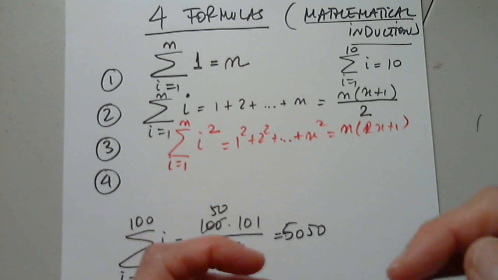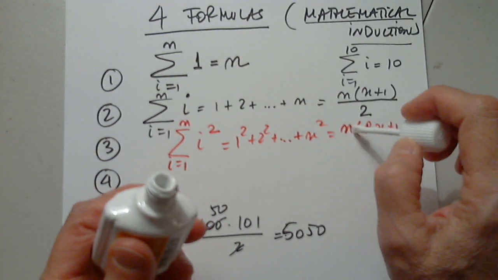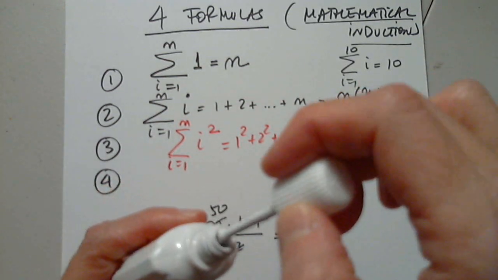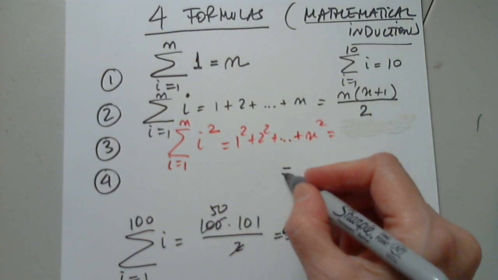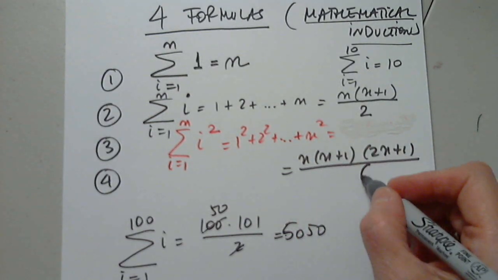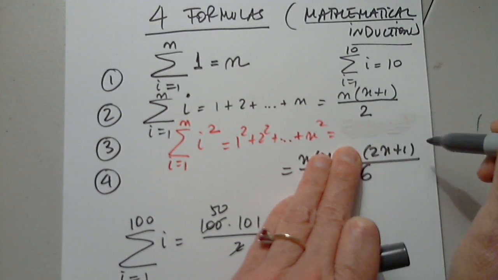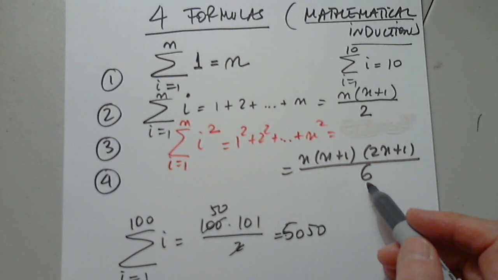Sorry, I want to write in the correct order: n times n plus 1 times 2n plus 1, divided by 6.